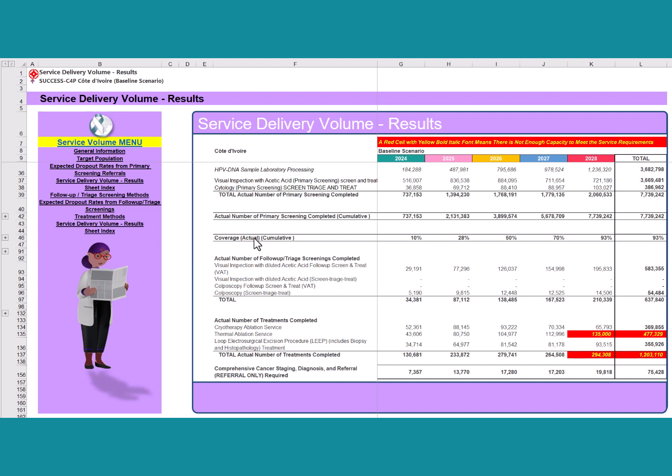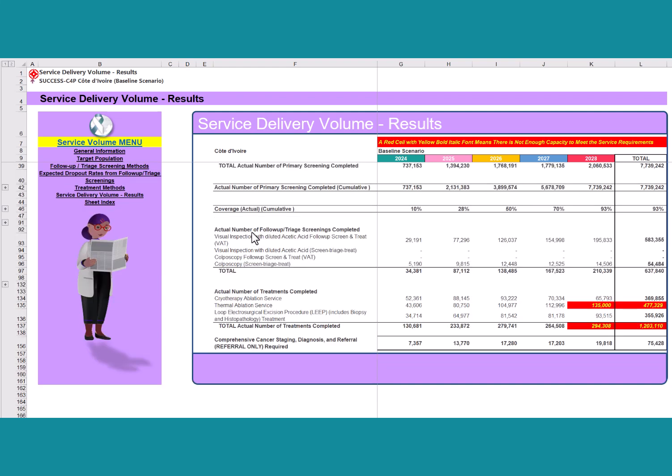It will also tell you what your actual cumulative coverage is. And here you see it's 10, 28, 50, 70, 93, and 93% for the total here. Now, if that didn't meet your coverage that you had as a goal, it will also turn red here to let you know that you didn't reach your goal.